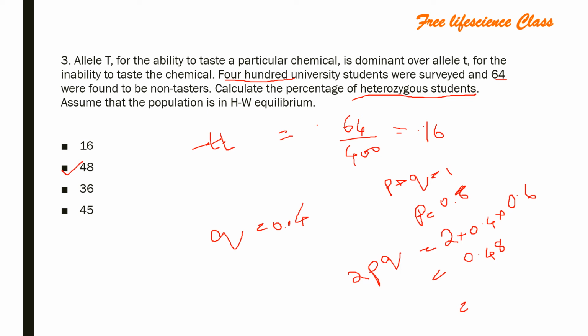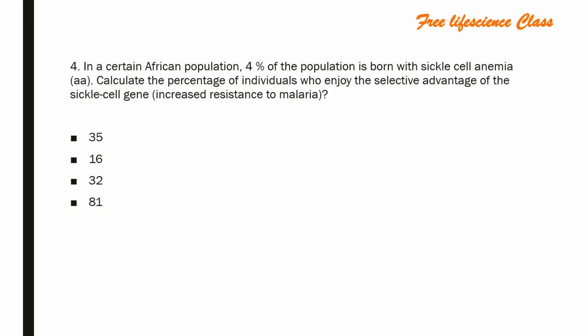Moving into the next question. In a certain African population, 4% of the population is born with sickle cell anemia. Calculate the percentage of individuals who enjoy the selective advantage of the sickle cell gene, increased resistance to malaria. You have to know one piece of information: the individuals that are heterozygous enjoy the selective advantage.